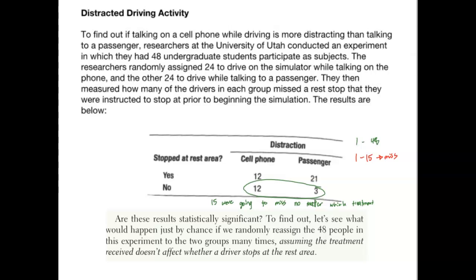And I could then just use my calculator and randomly select a group of 24. I could then count up in that group of 24. I'll randomly select a group of 24, and that represents, let's say, the cell phone group. The remaining 24 numbers that weren't selected into that group would then represent the passenger group, right?